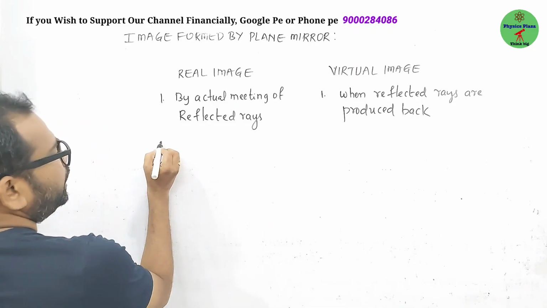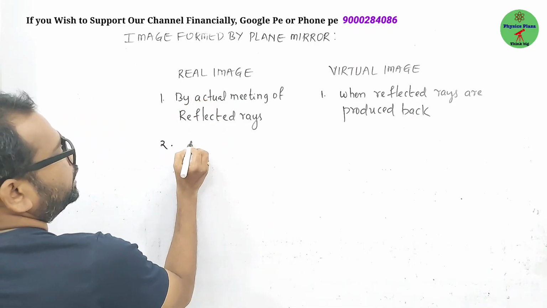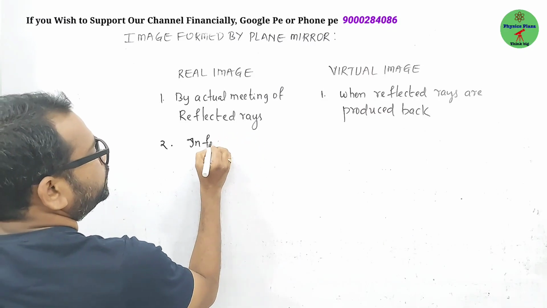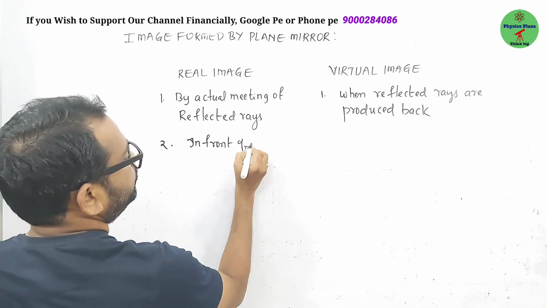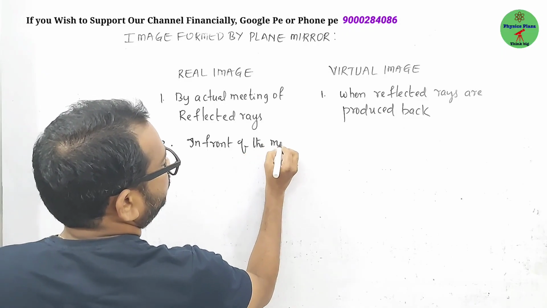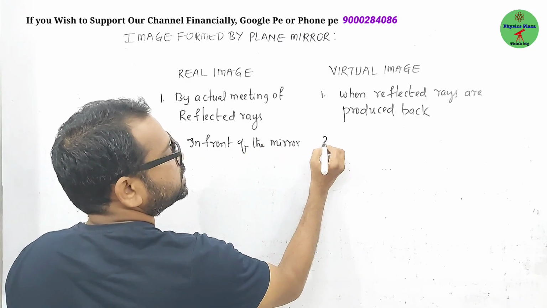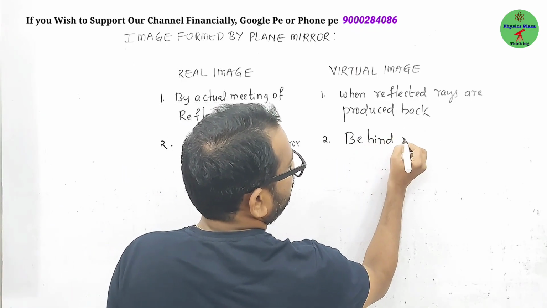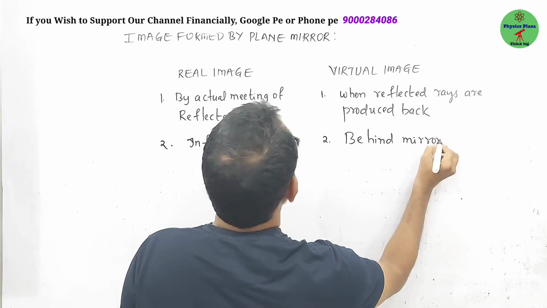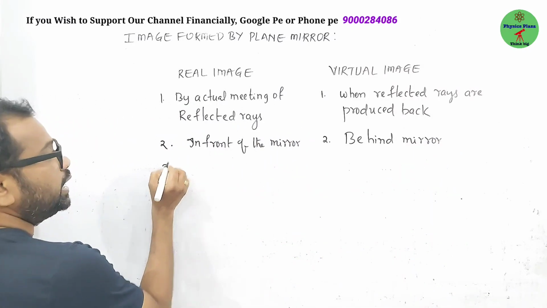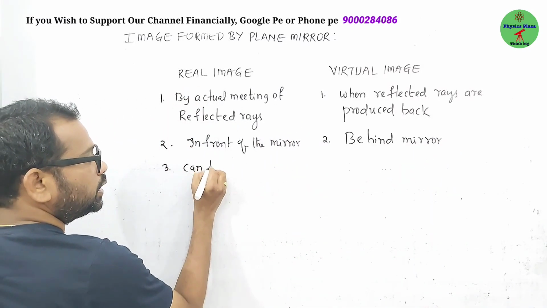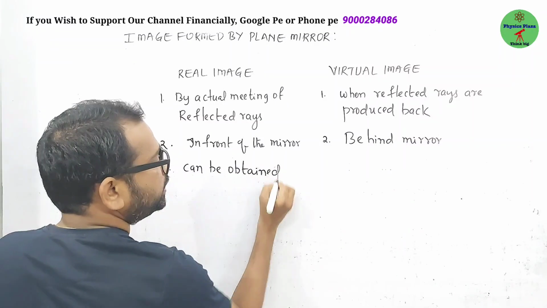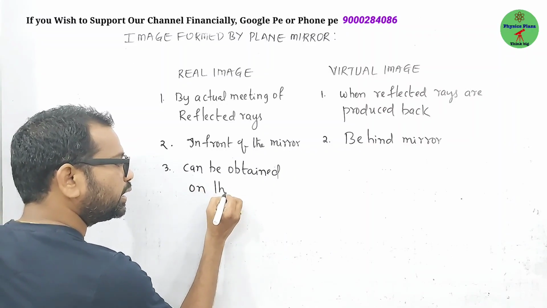Okay, fine. And a real image is formed in front of the mirror, whereas a virtual image is formed behind the mirror. And the third one, children: a real image can be obtained on the screen because the light rays are meeting, right?